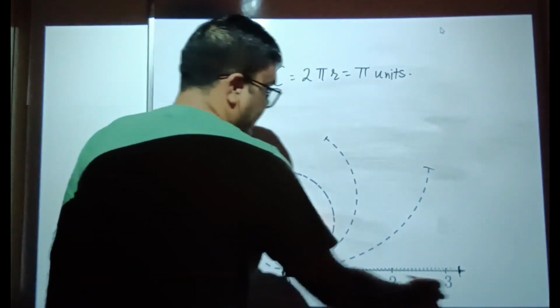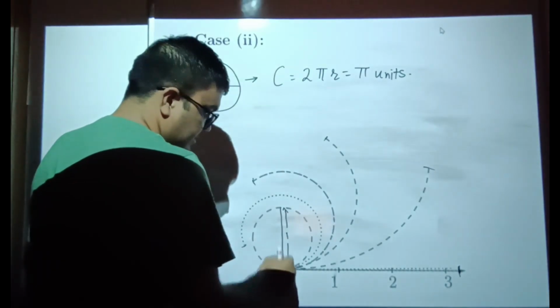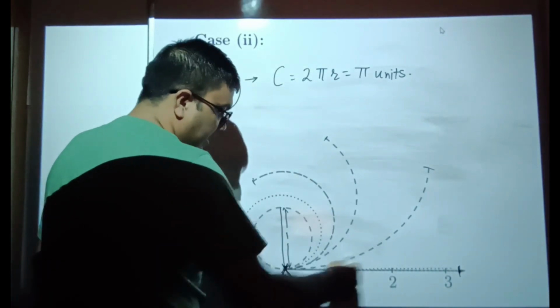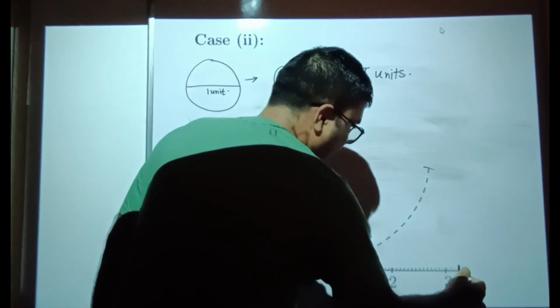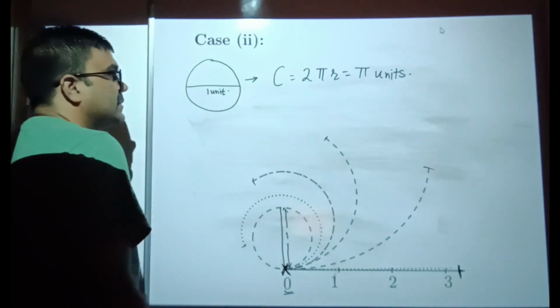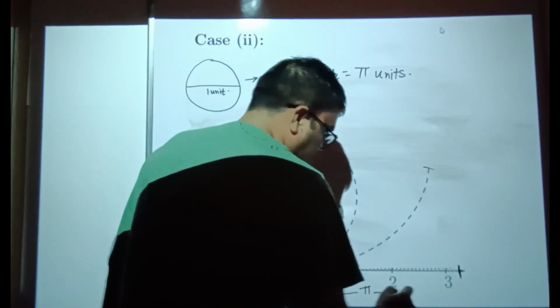So what is this length? This is one end point of the circle, and when we open it, it becomes a straight line. This is one end point, this is the other end point. The length of this line, up to the point where the other end is lying, will be equal to pi units.